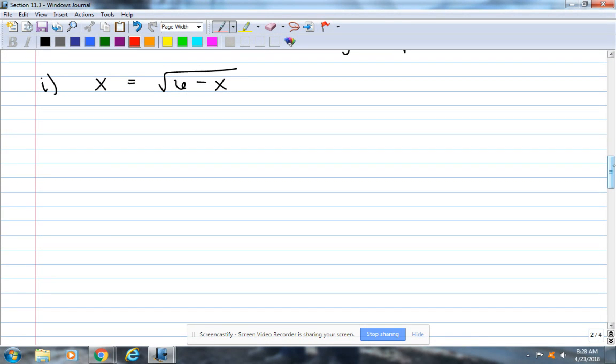Okay, so I got a radical by itself. So what do I do to get rid of my radical? Square both sides. So now I have an x squared on the left-hand side, correct? Now if I have an x squared, that makes this equation what kind of equation? What kind of equation has a square in it?